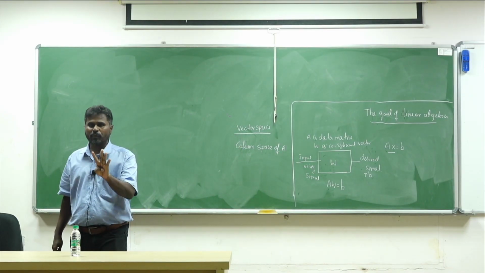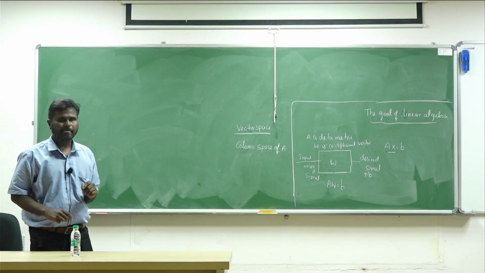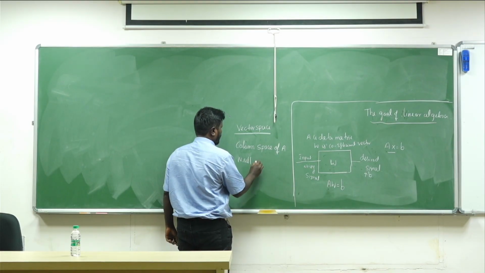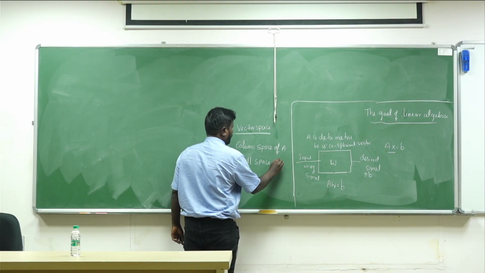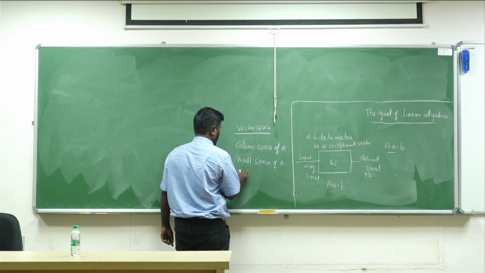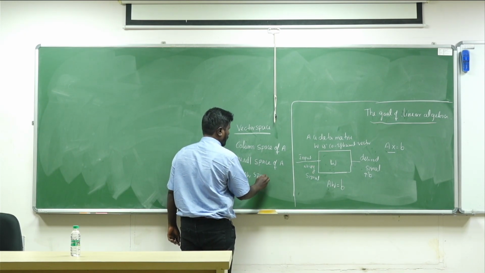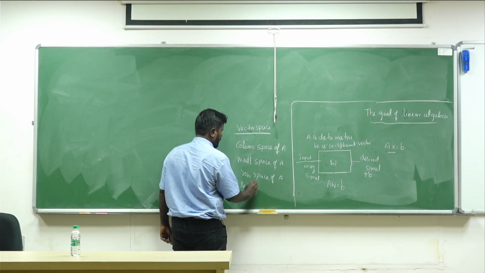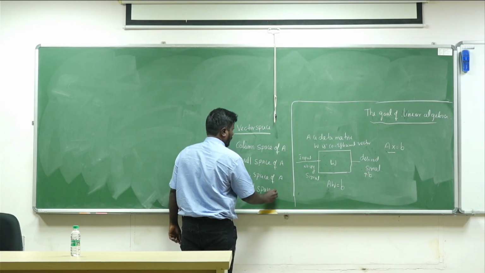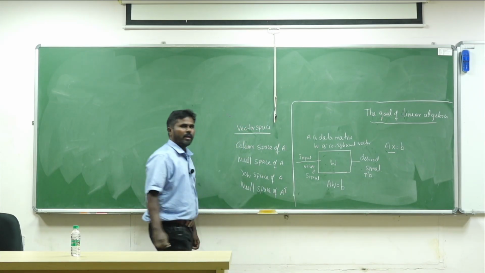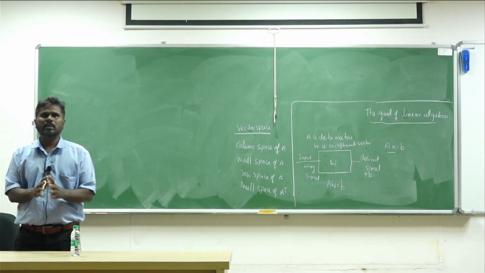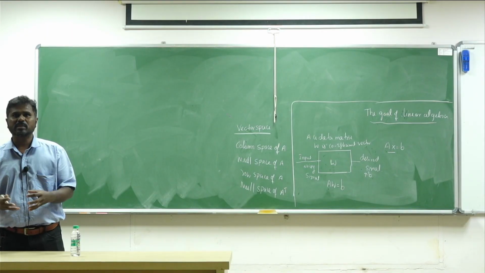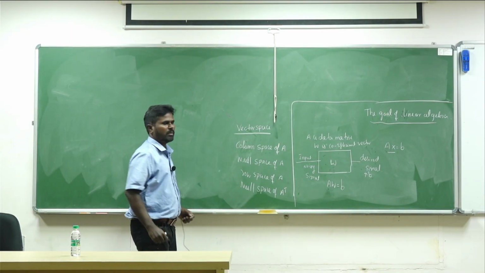There are 4 vector spaces that are connected to the A matrix.